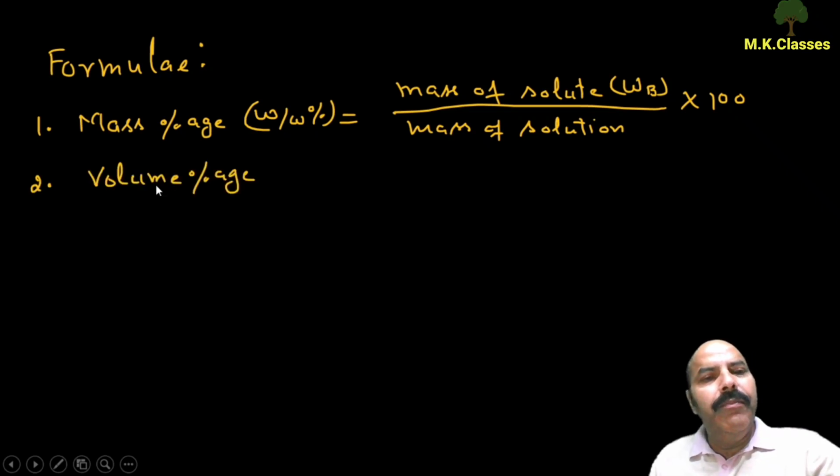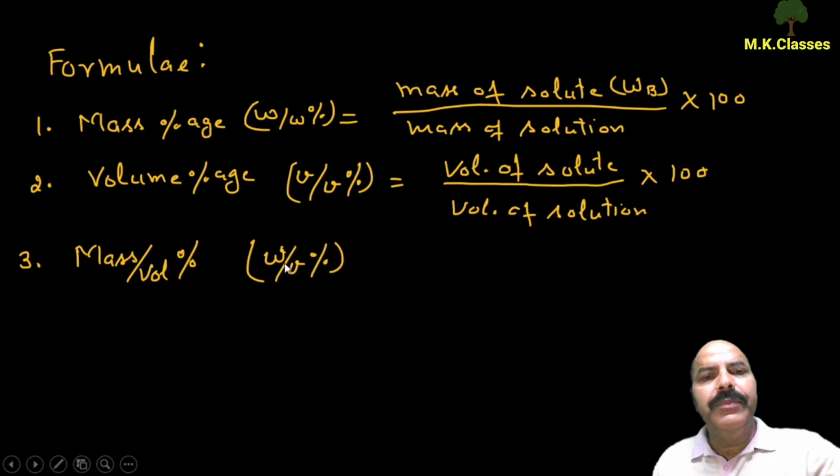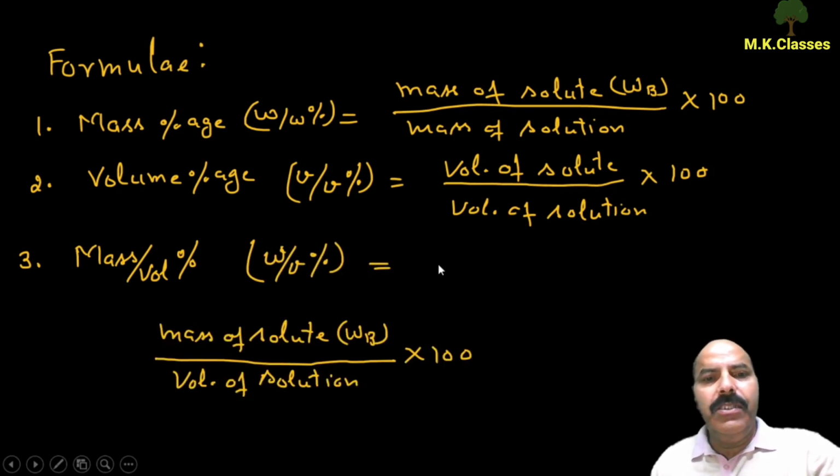Then volume percentage, expressed by V by V percent, is equal to volume of the solute upon volume of the solution into 100. Then mass by volume percent, that is W by V percent, is mass of the solute, WB, upon volume of the solution into 100.